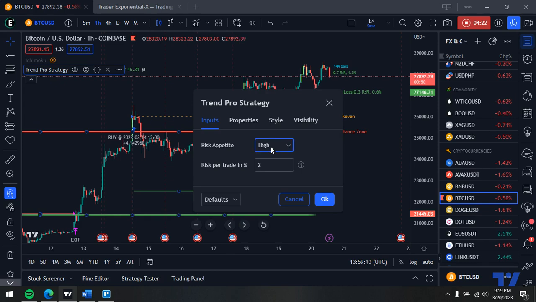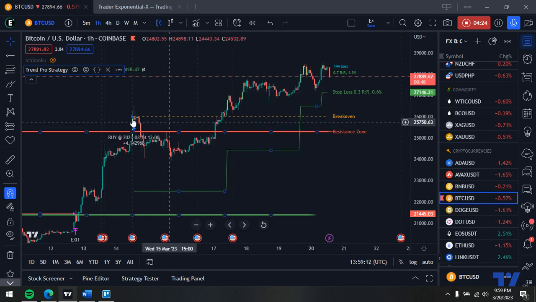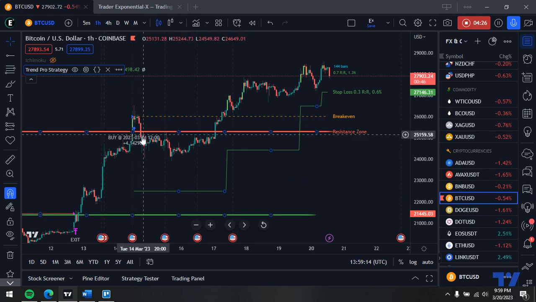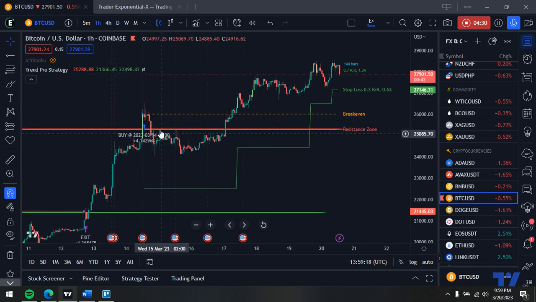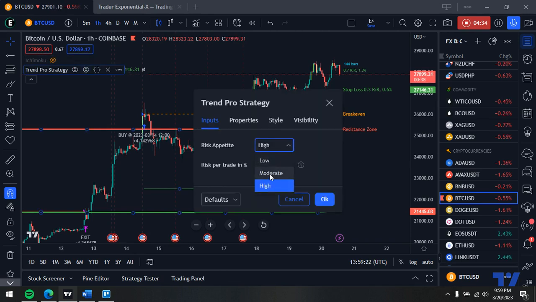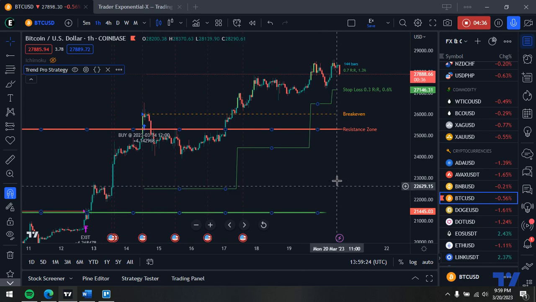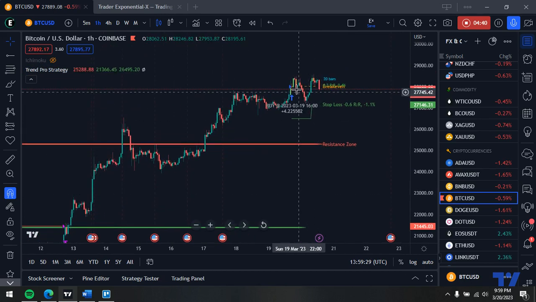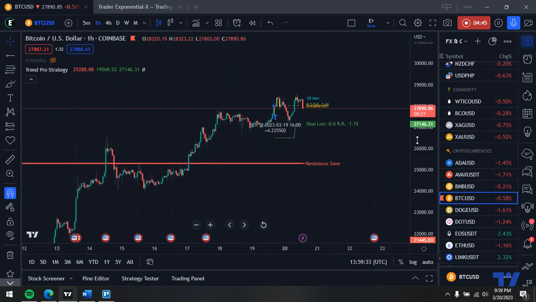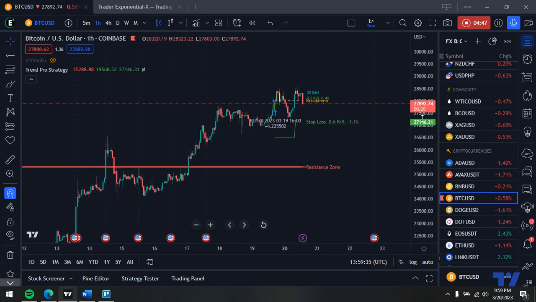So if I were on the high setting right now, I would get a signal here around March 14th at 12 o'clock UTC time. But the signal I followed was using the moderate setting, which only produced the signal a couple hours ago, right? Right here, March 19th, 4 o'clock. So, many ways to skin the cat, as they say.